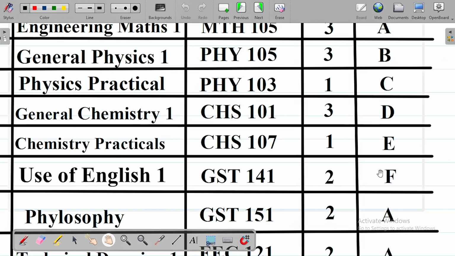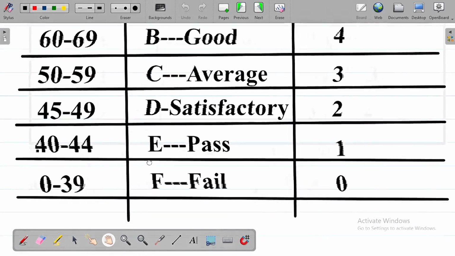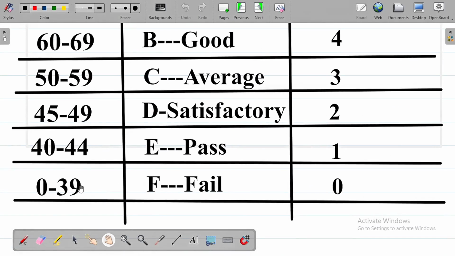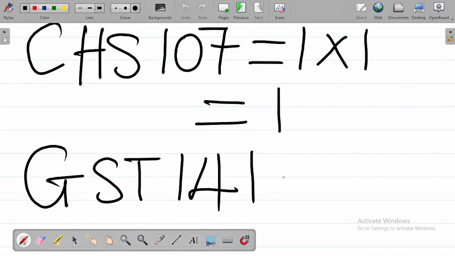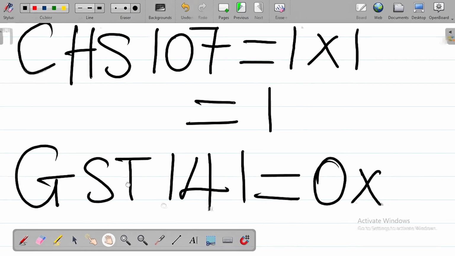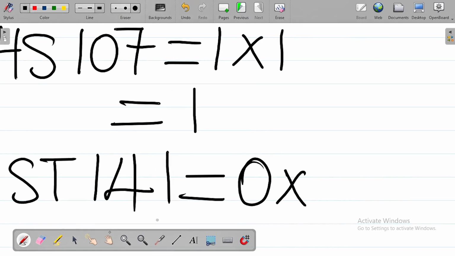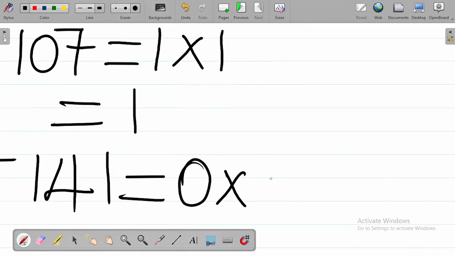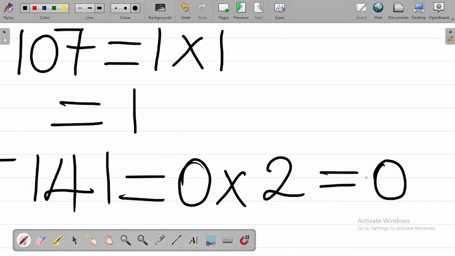The student has F. That means the student failed this course. 0 to 39 marks is F, and F is 0 points. So we have 0 multiplied by the unit of Use of English, which is 2. So 0 multiplied by 2 is the same thing as 0.